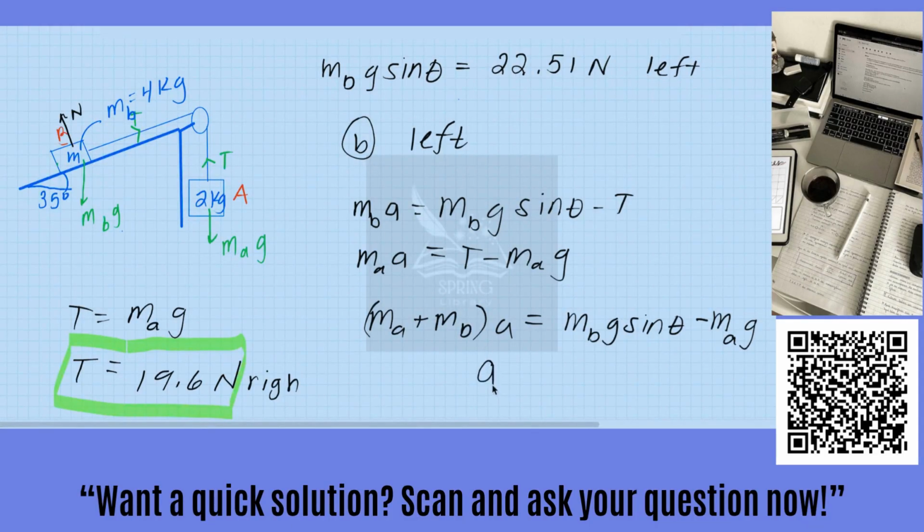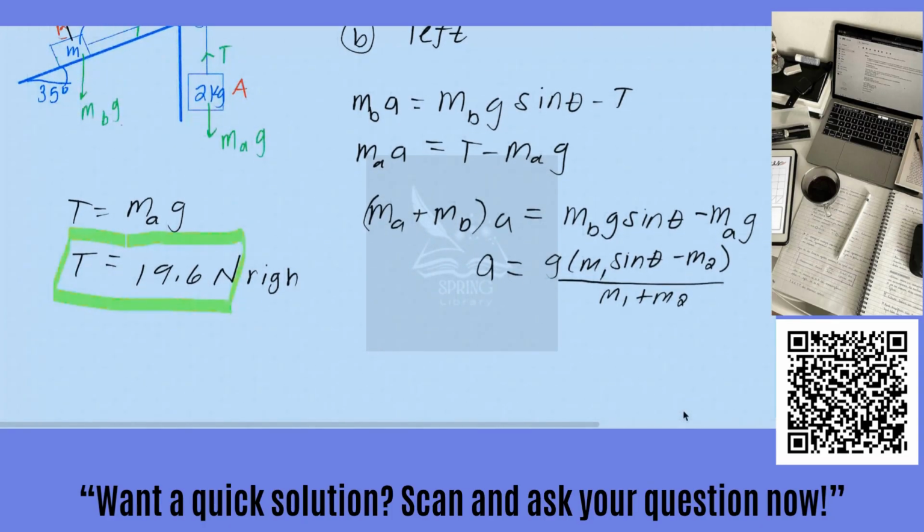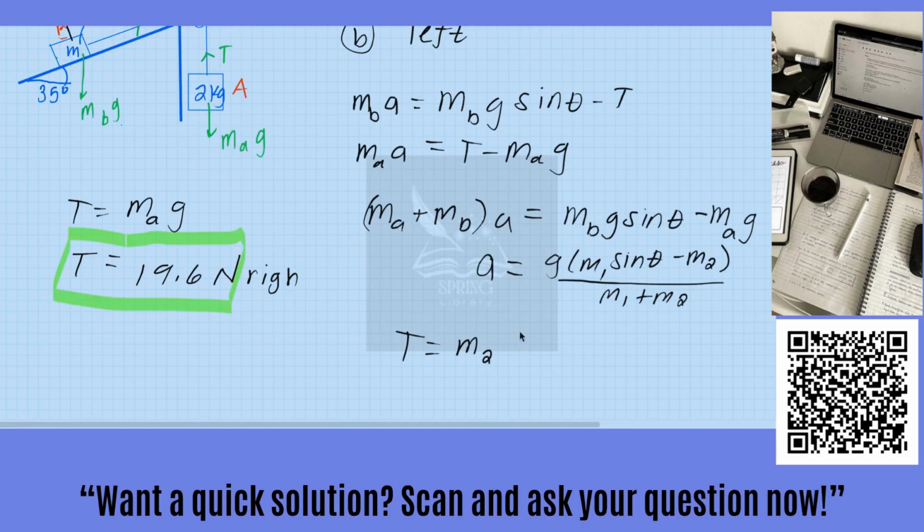So A is equal to g times M1 sine of theta minus M2 over M1 plus M2.